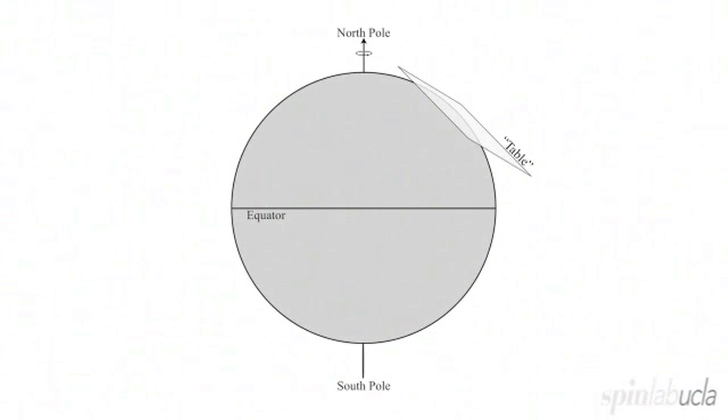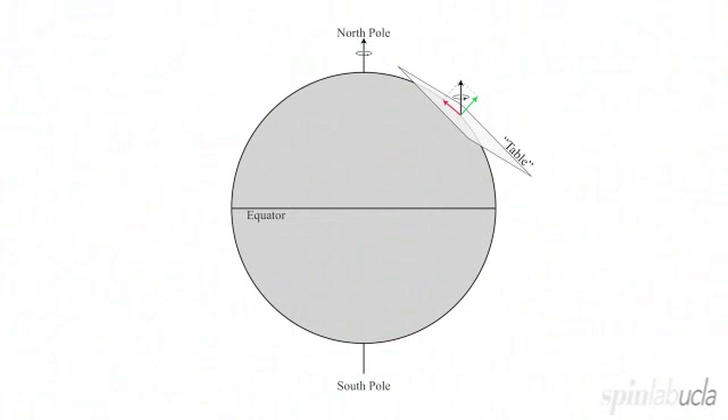If I put a similar table in the mid-latitudes, then now you can see the rotation axis, the Earth is still rotating around the same axis, so the rotation axis is still pointing in the same direction, and the table now appears tipped because it's locally perpendicular to a different part of the planet in the mid-latitudes. So if I break up the rotation axis into two components, one shown in red, one in green, the red lies in the plane of the table, green is perpendicular to the table.